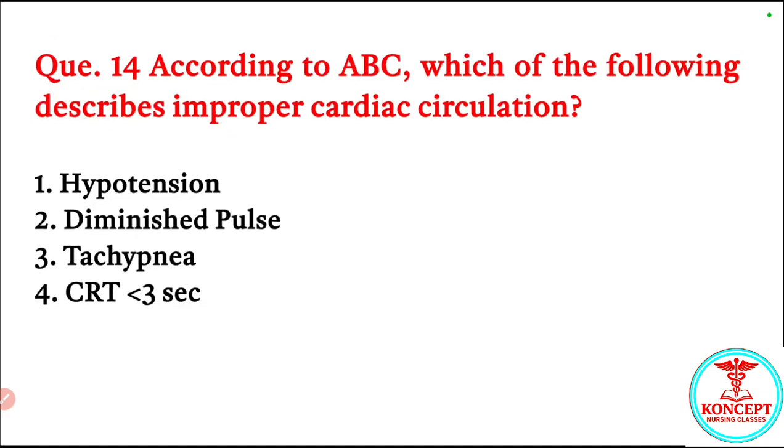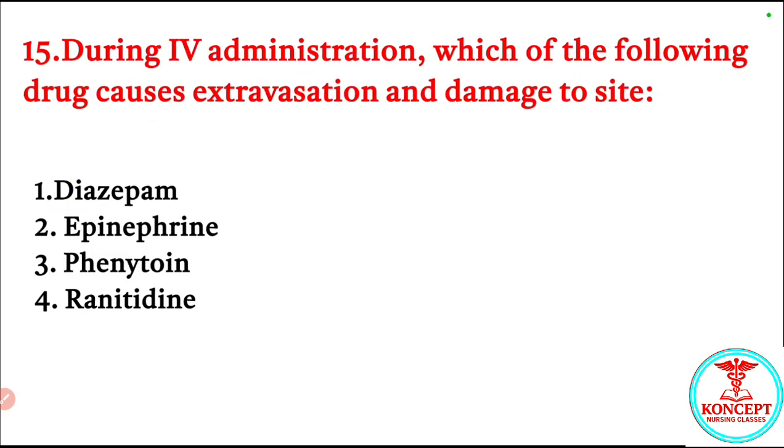Next, according to ABC, which of the following describes improper cardiac circulation? Correct answer is option 2, diminished pulse. Next, during IV administration, which of the following drugs causes extravasation and damage to the site? Correct answer is option 3, phenytoin.